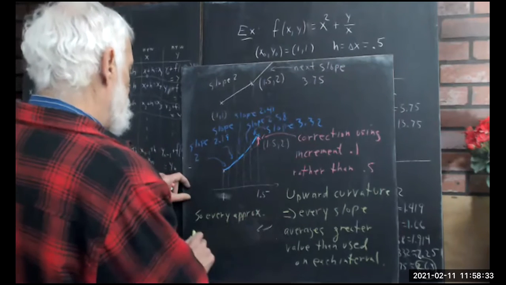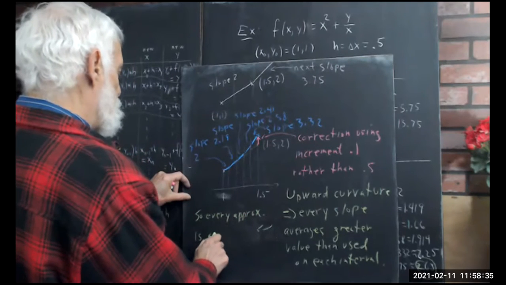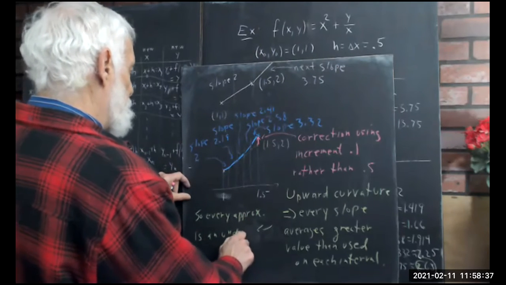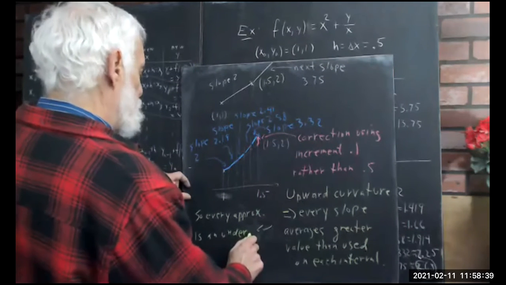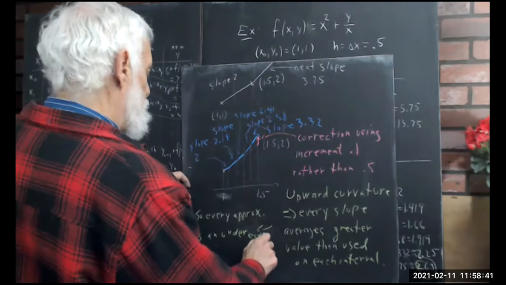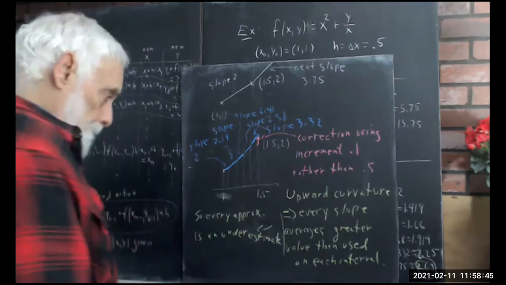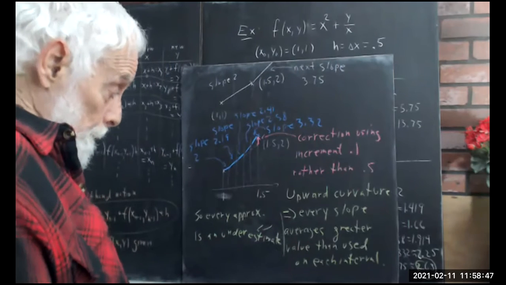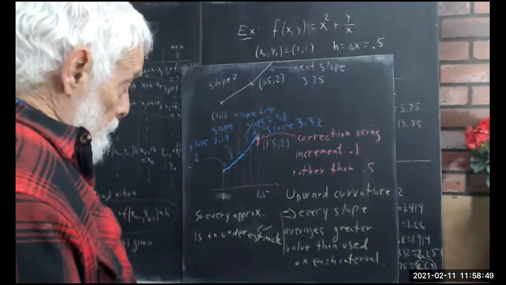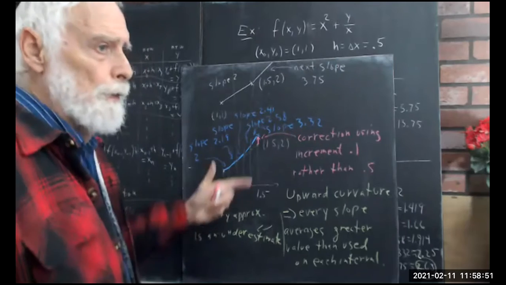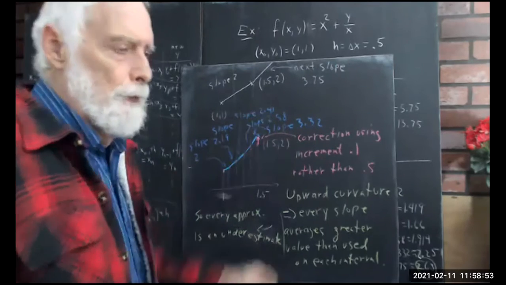So every approximation is an underestimate. Meaning that the actual curve lies above any curve that we predict.